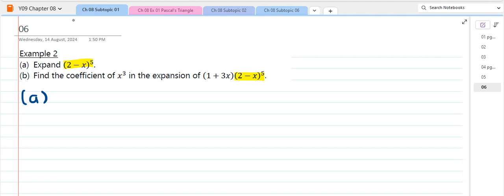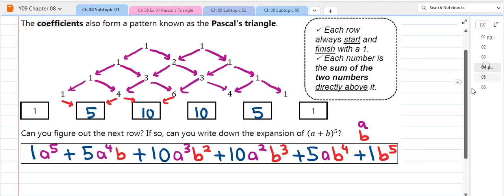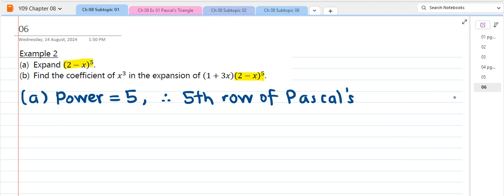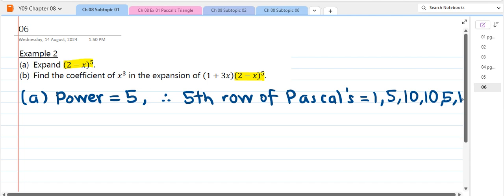So over here, this is a power of 5. So if the power is 5, then you are going to use the fifth row of Pascal's triangle. Let's refer back to here, it is 1, 5, 10, 10, 5, 1. So let's begin.